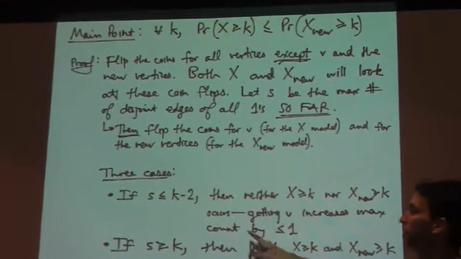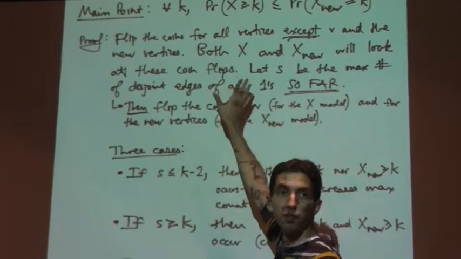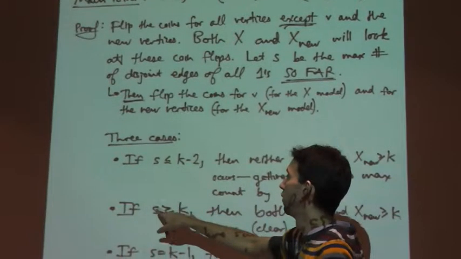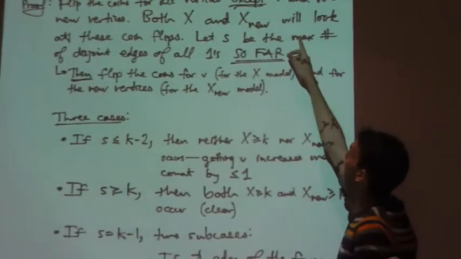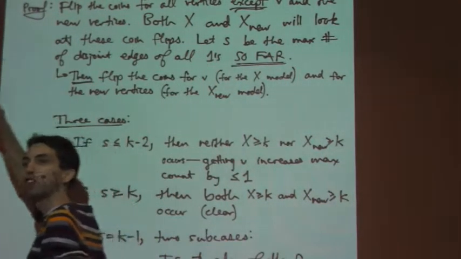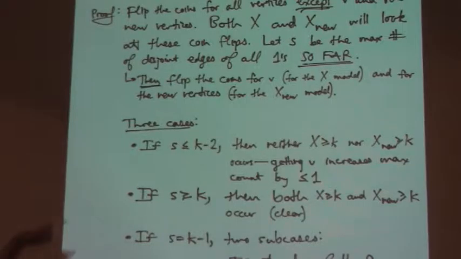If S is less than or equal to k minus 2, remember I'm looking for k in both cases, then neither x nor x new can be k. Why?